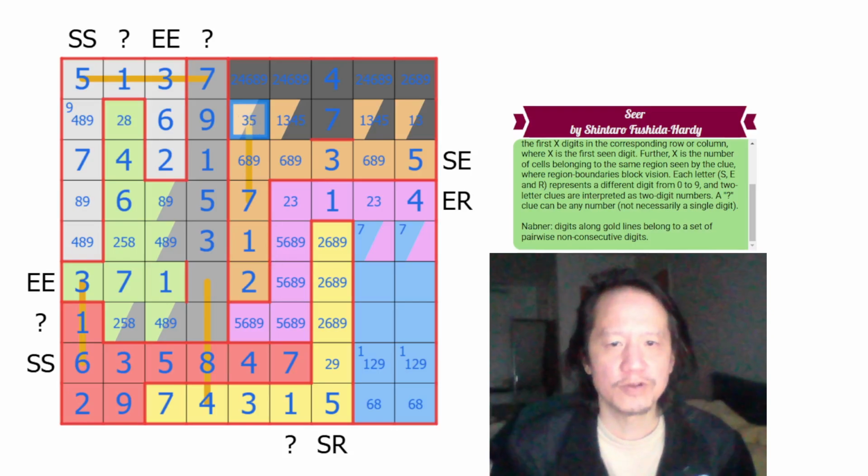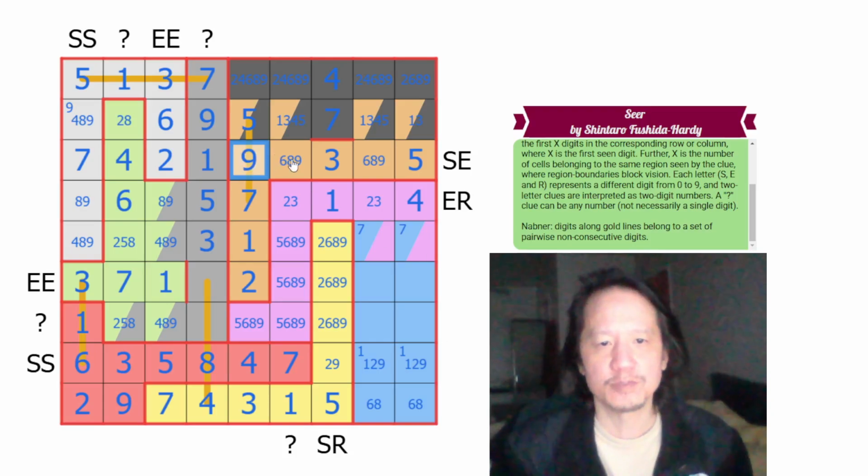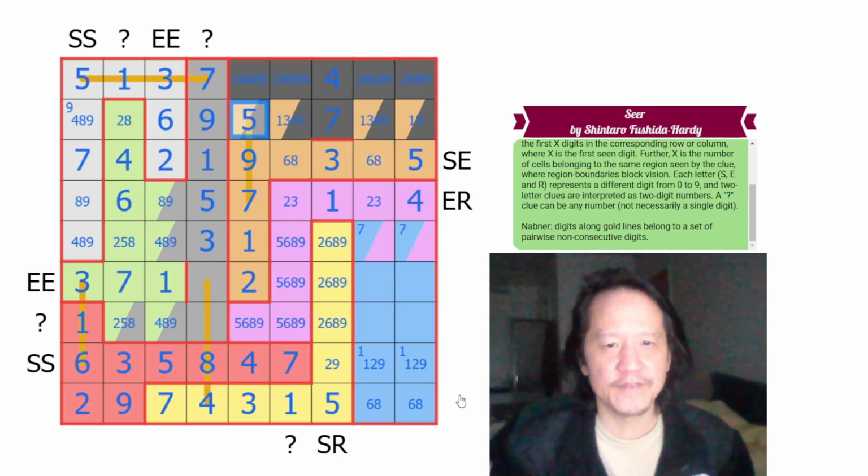This can't be a 3 or 4 because of the 3 and 4 in the column, so this must be a 5. Well, this can't be 6 or 8 because of the Nabner rule set, because of the 7s consecutive with both 6 and 8, therefore this must be 9, which means this can't be 9 and this can't be 9. This is a 5. The 5 cannot be part of orange, so it must be dark, which means that's a boundary.